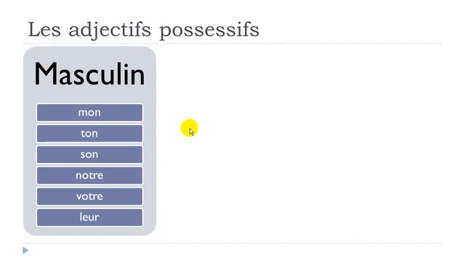Okay, so let's be clear, when we talk about les adjectifs possessifs, in English it will be my, your, his, our, your, their. But in French, basically we'll have the difference between the masculine, the feminine, and the plural. And keep in mind, we'll see that a bit later when I give you some examples, that in French, we don't decide whether it's masculine, feminine, or plural according to the subject, like in English.